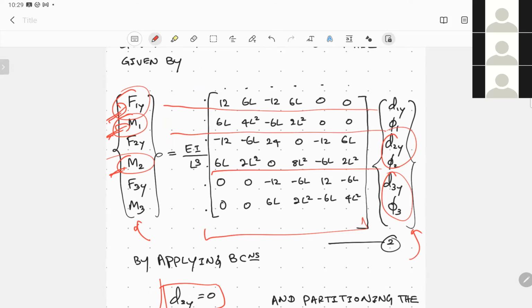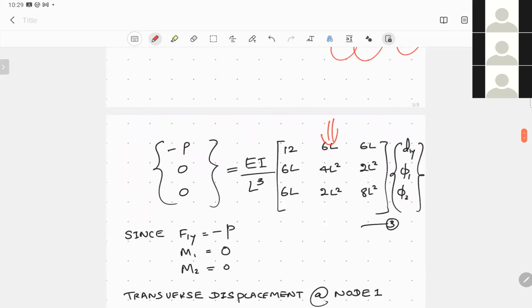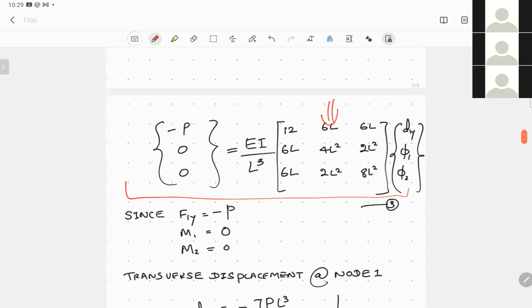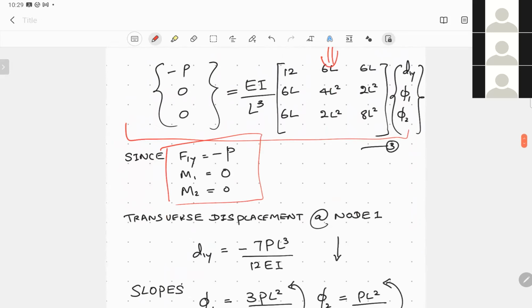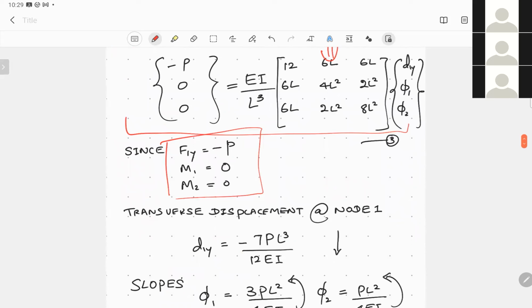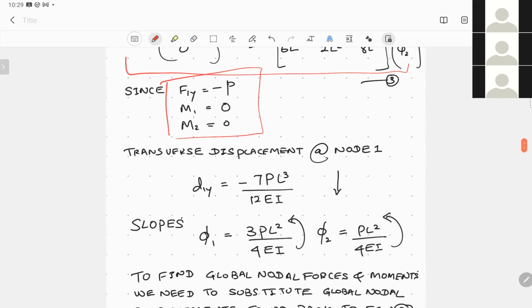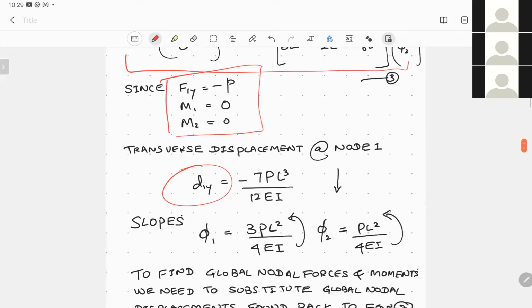corresponding non-zero terms. So by solving this partition matrix, by applying the boundary conditions, you can obtain the transverse displacement and obtain a nice equation which describes the transverse displacement at node number 1, and of course the slopes at node number 1.